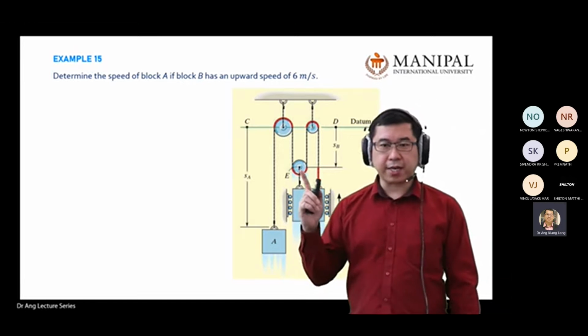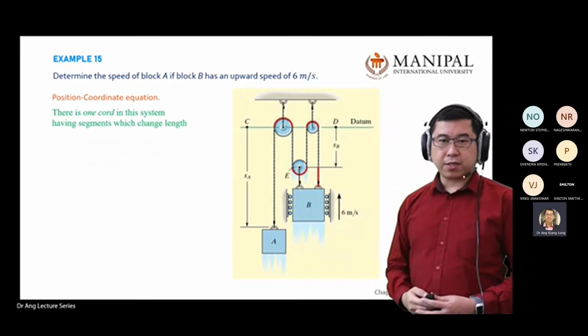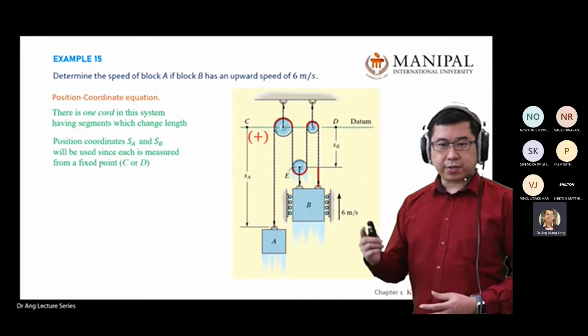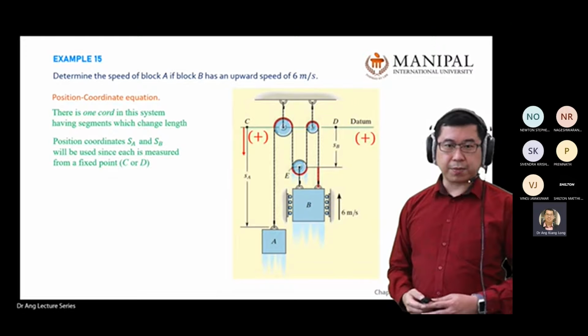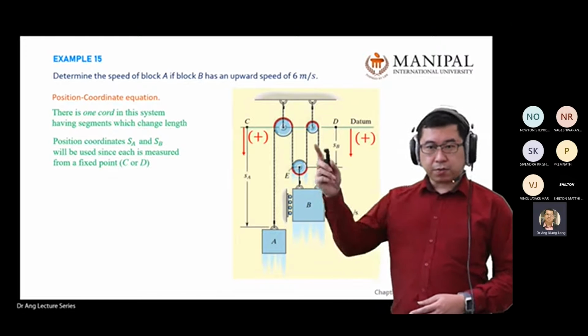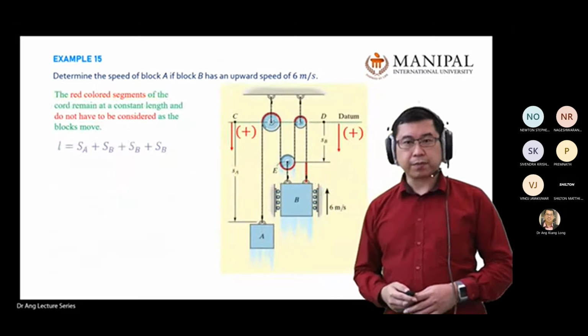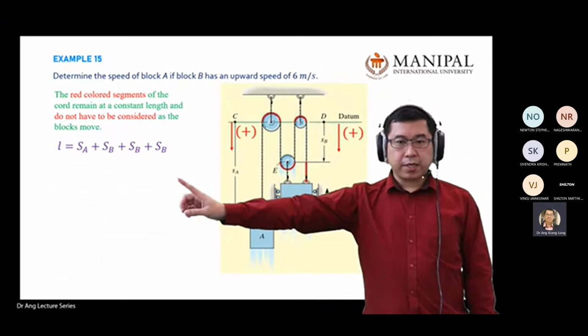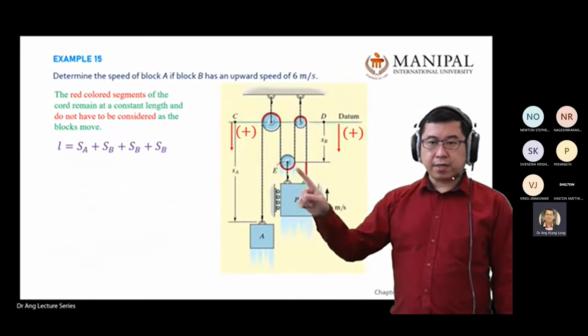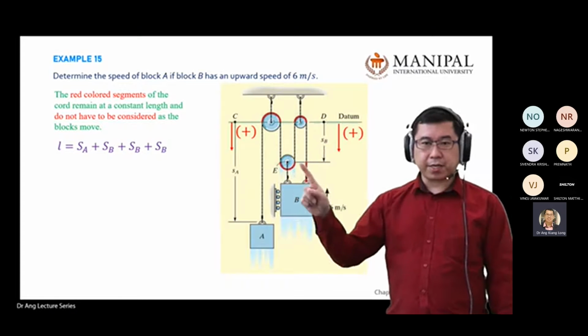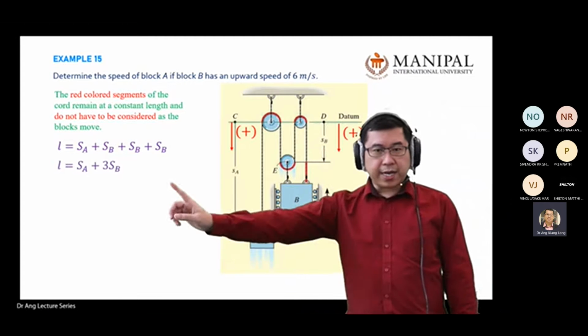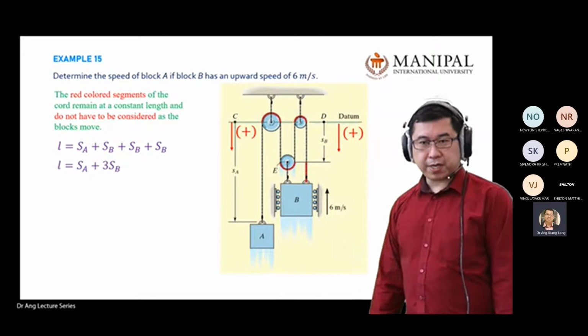In this case, it's the length of the chord. The rest you can read from my slides. I already explained positive, negative. The next one will be the equation: the length equals SA plus 3SB.